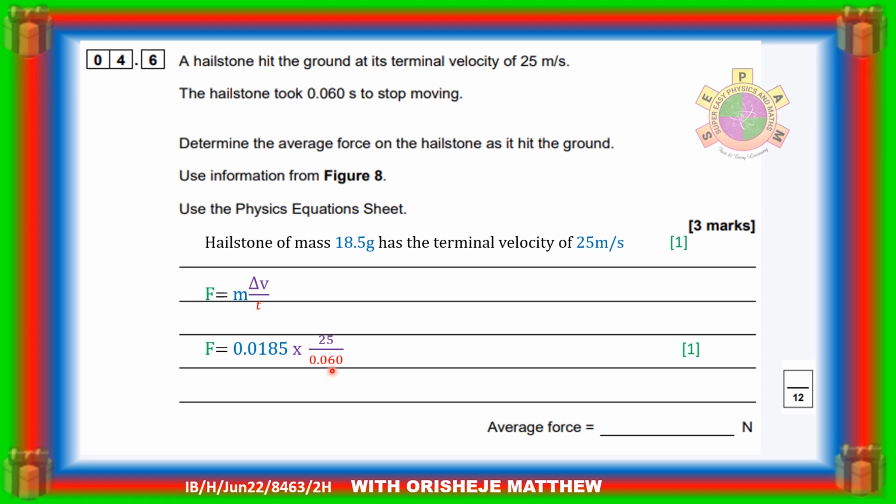For carrying out this substitution, you have the second mark out of the 3 marks. Then simplify your calculation to get your value. So the force of impact is about 7.083 Newton. For getting the final answer, you have the third mark. So that is the answer for this question.